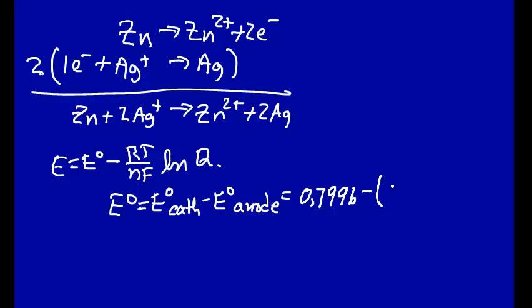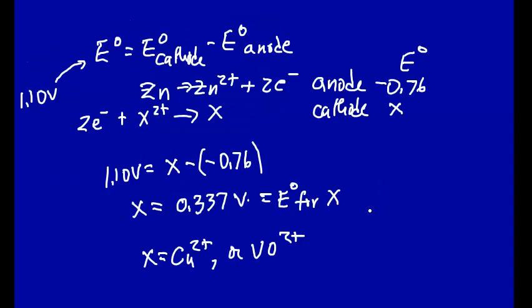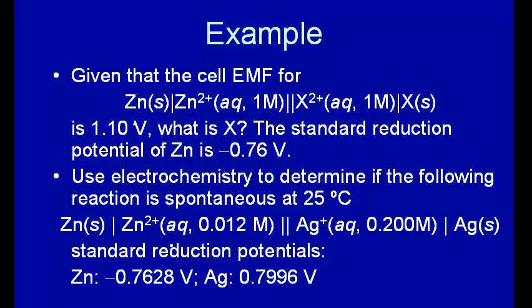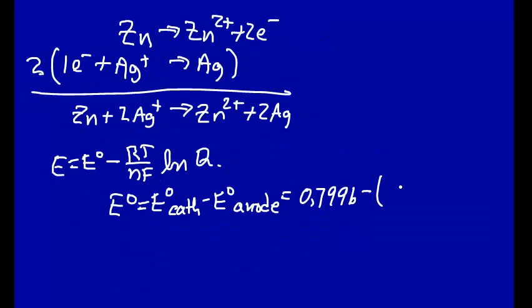Minus E0 anode, given in the problem, and I have to go look at it again. Anode, that's where it's being oxidized, zinc, minus, don't forget the minus sign, 0.7628. So E0 for the cell comes out to be 1.5624 volts.